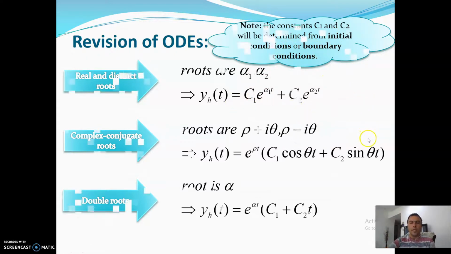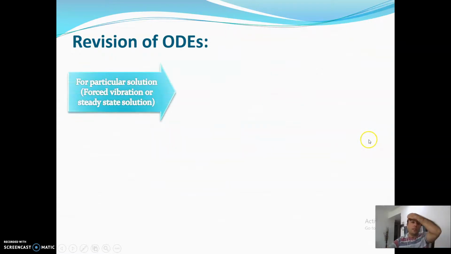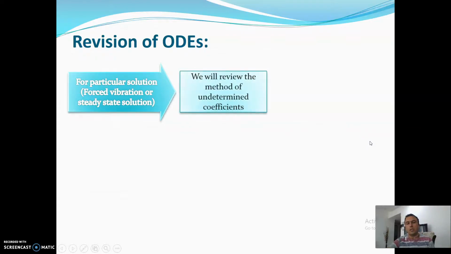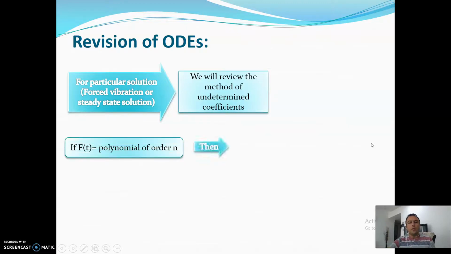Okay, and finally we need to find the particular solution, or in vibration we call it forced vibration or steady state response. As I told you, to find the particular solution, according to the form of the non-homogeneous term, we will find the particular response.